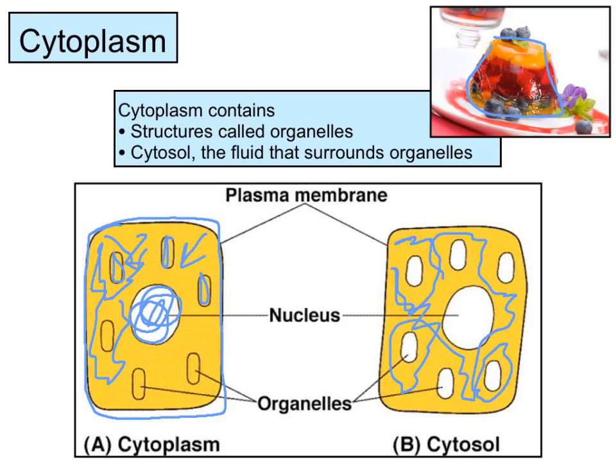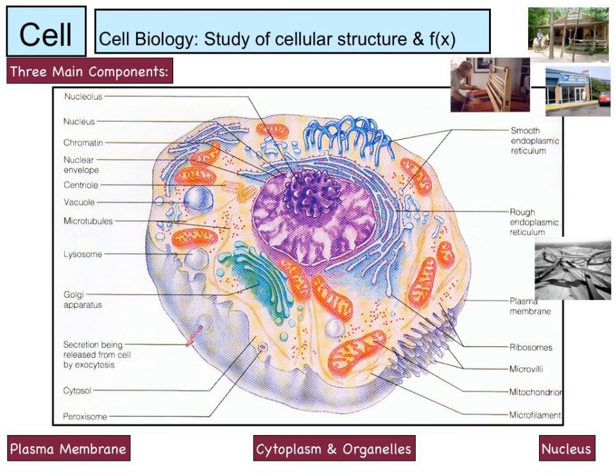Now, that cytoplasm is made up of the fruit itself, the solid components, or the organelles, and the Jell-O, the fluid that surrounds the fruit, the cytosol. Now, so that's the cytoplasm. Let's look closer at the organelles.